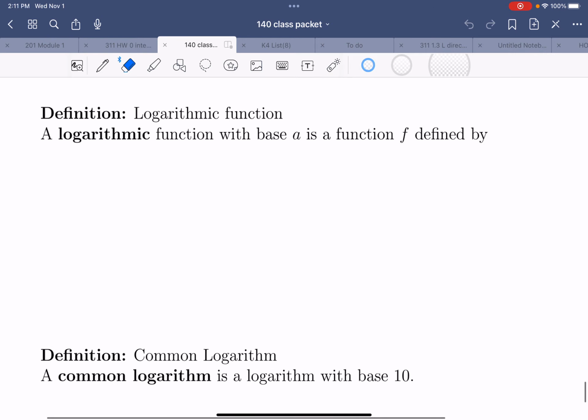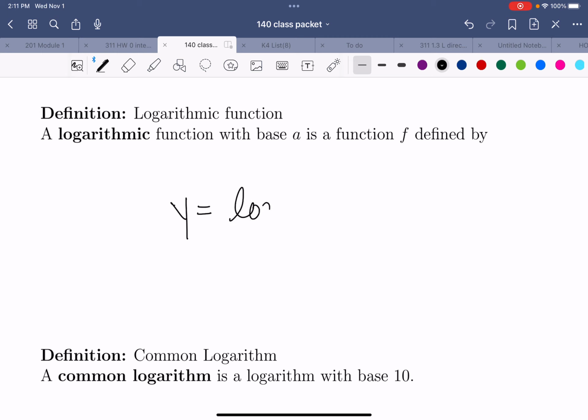So our definition for a logarithmic function with base a is a function f defined by the following. So y equals the log base a of x if and only if.